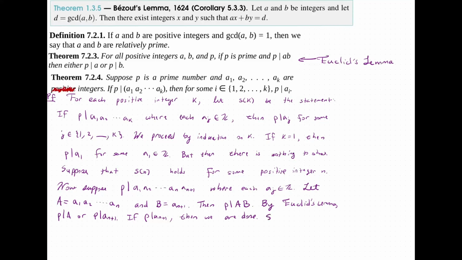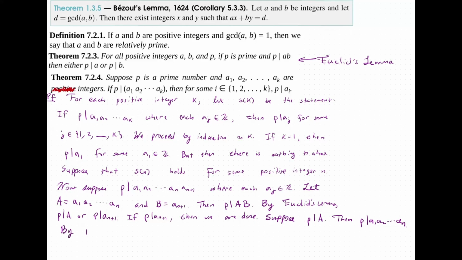Suppose that p divides A, then p divides the product a1, a2 all the way to a sub n. But now we use the fact that the induction hypothesis holds for n, for when p divides a product of n integers.